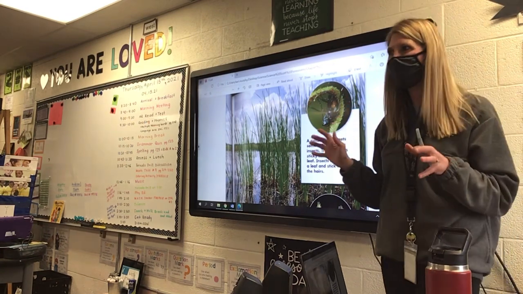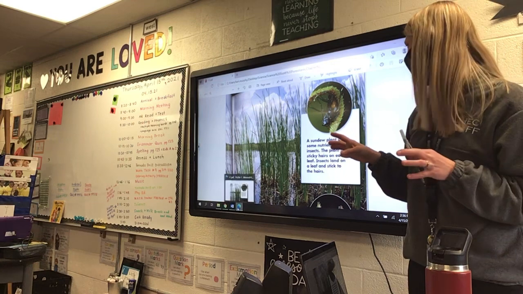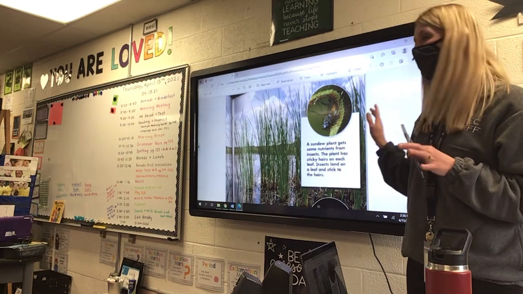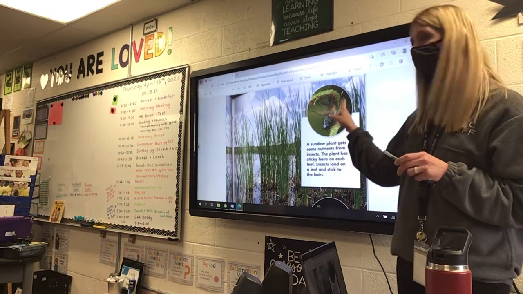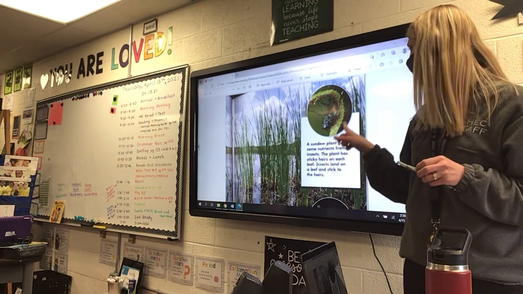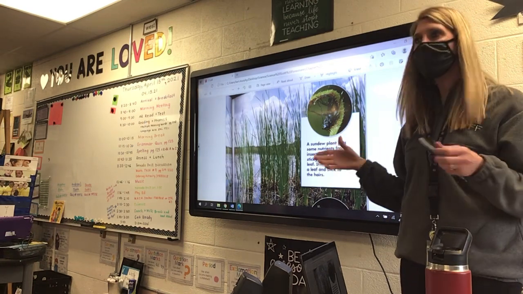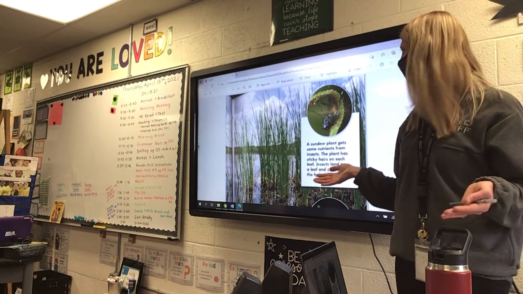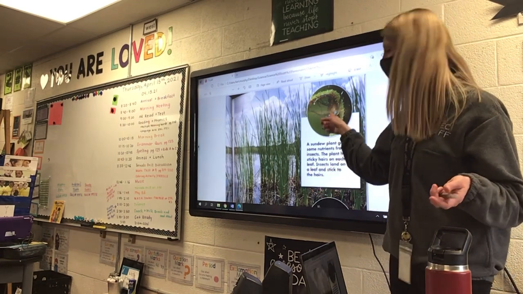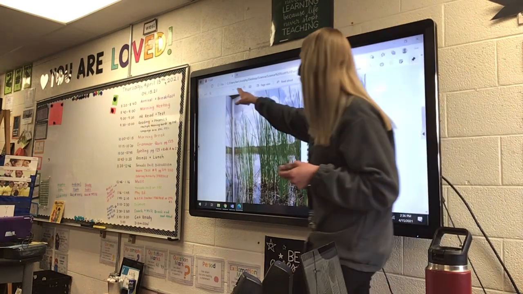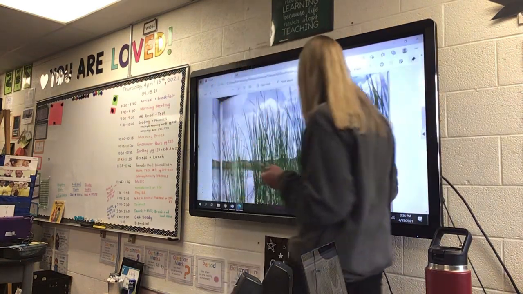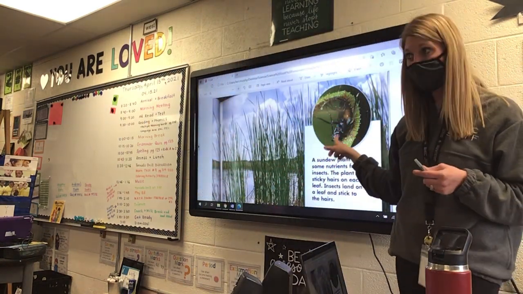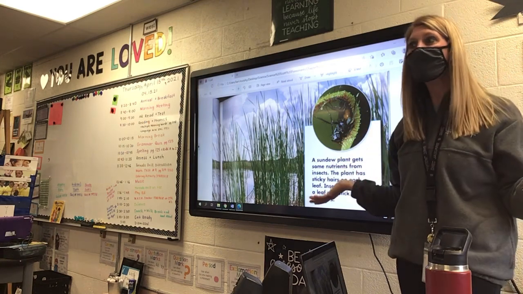Think about a plant having hairs that are sticky. On each leaf, when the insects land on the leaf, the insects stick to the hairs. And this insect right here is stuck on this plant. And that's how the plant gets nutrients.